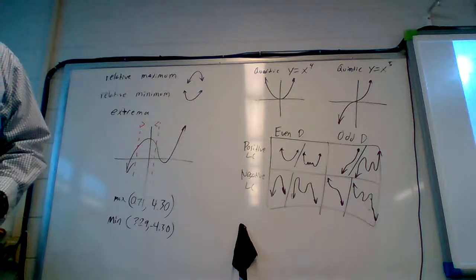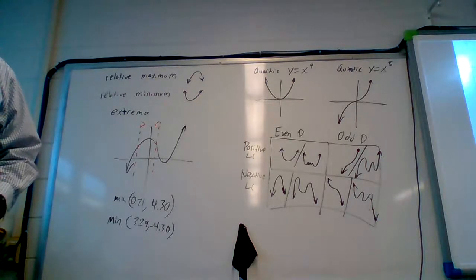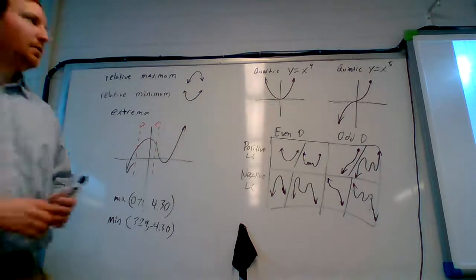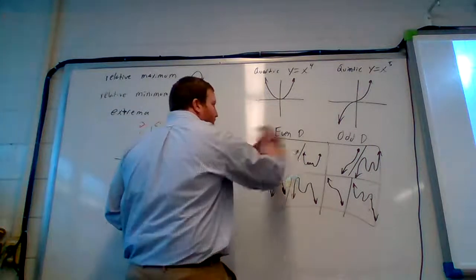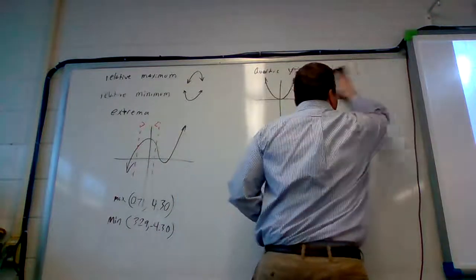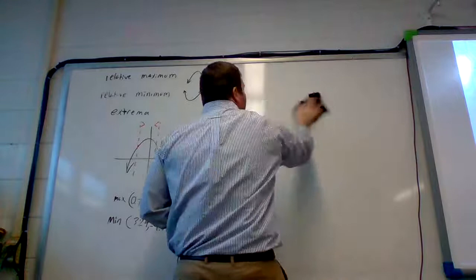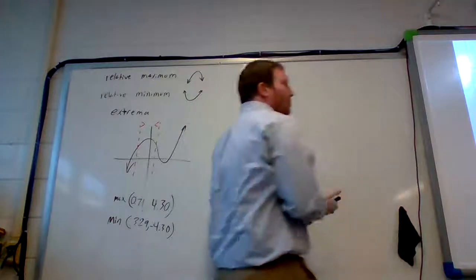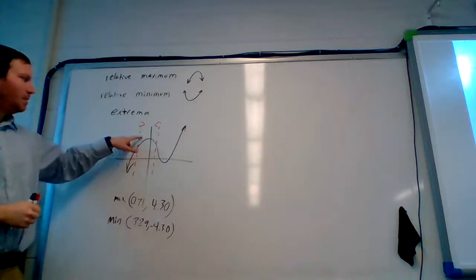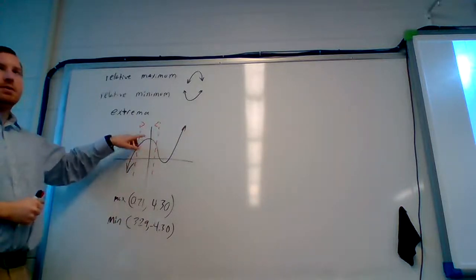The next thing that it's asking us for is our increasing intervals and decreasing intervals. The way we find our increasing intervals, decreasing intervals, again, we look at the graph itself. When we're increasing, that means as we move from left to right, our y values get bigger, right?